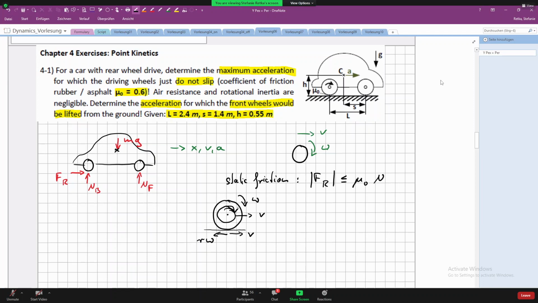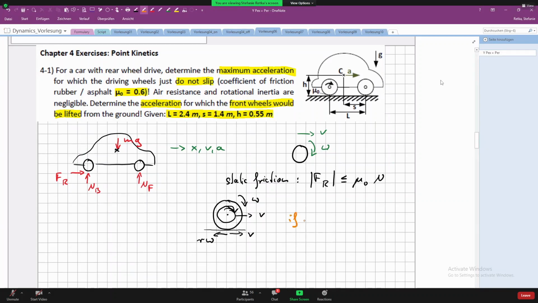For example, on an icy road, if you accelerate too fast, then your tire slips, because it rotates fast, but it has not enough grip to move forward. And in this case, we would draw the force of friction opposite to the direction of rotation.